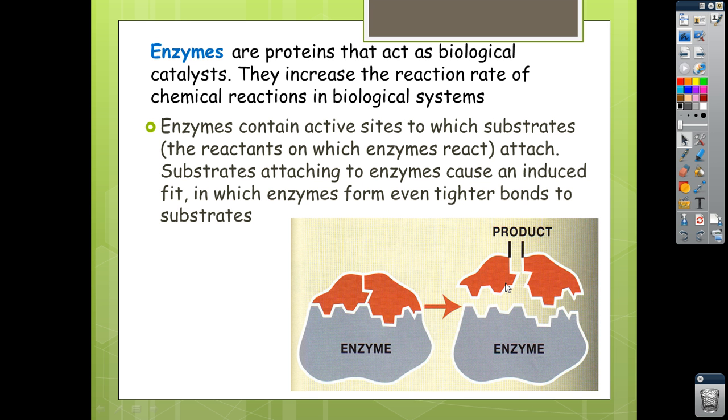They can also break apart. So this enzyme is going to attach the substrate to it, and it could actually move this to a different part of the cell, and it can create what we call a product by breaking the substrate off of the enzyme afterward. Okay? It's going to basically move it from one part of the cell to the other.